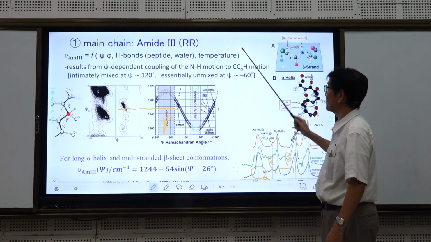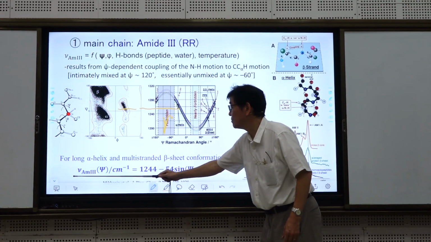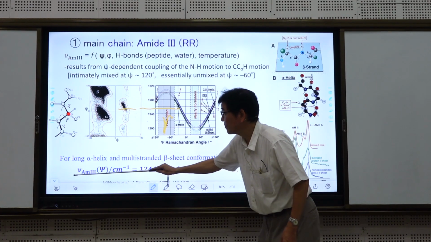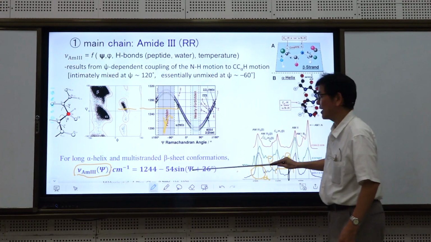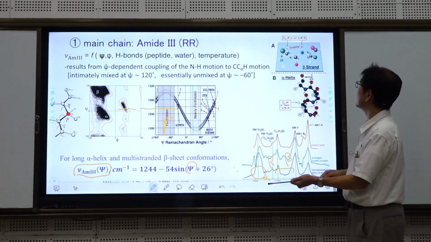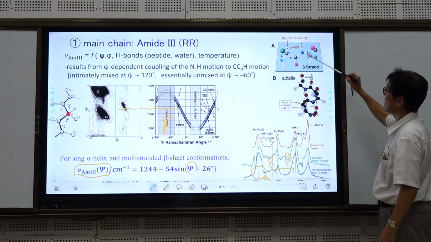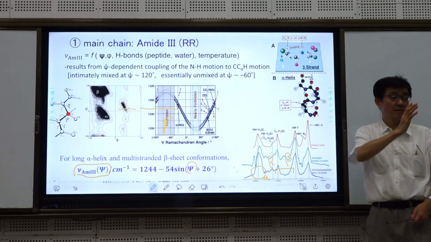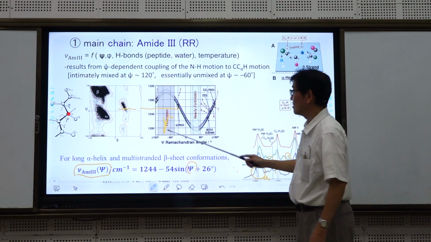By detailed analysis, they derived some quantitative relationship between the amide 3 peak position and the dihedral angle psi. Psi is the dihedral angle at the C-terminal site.